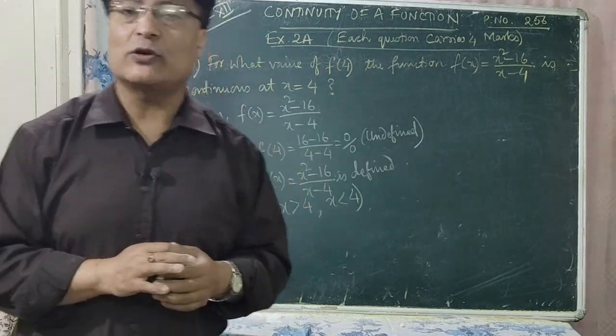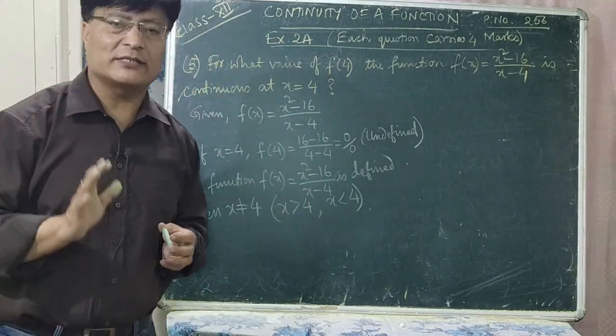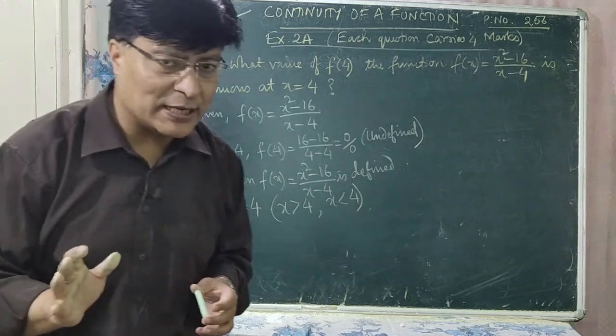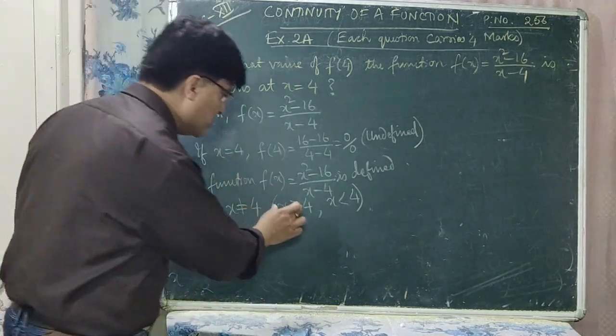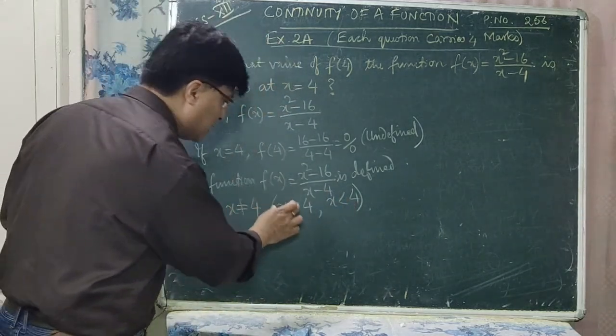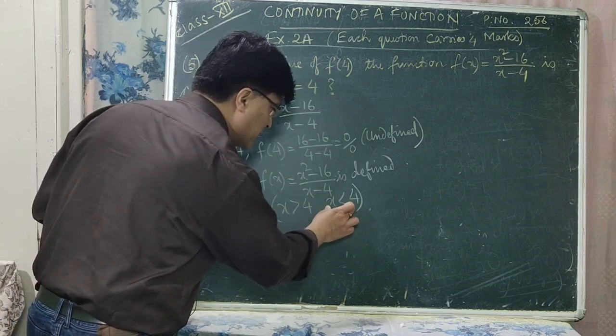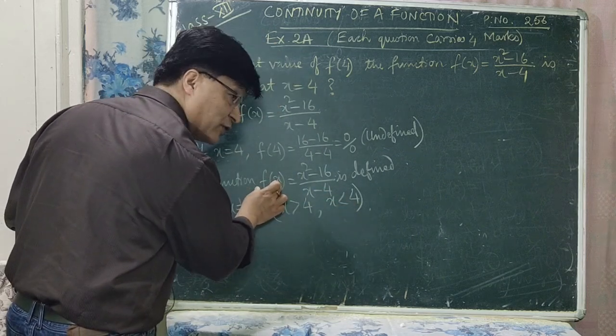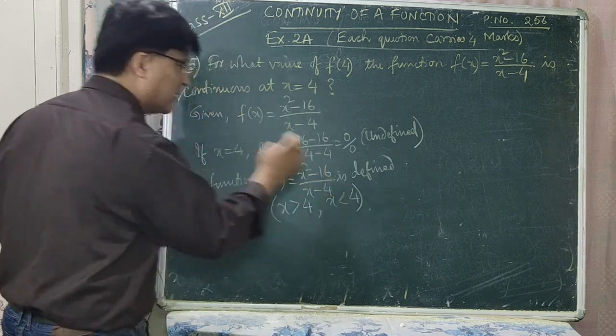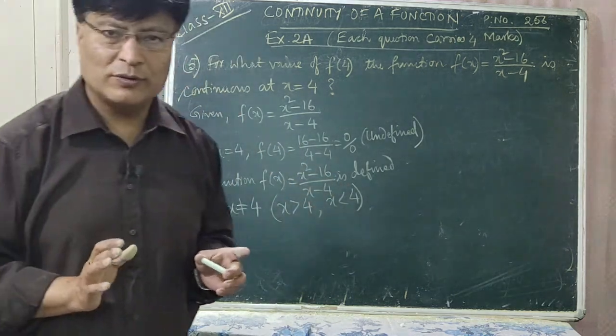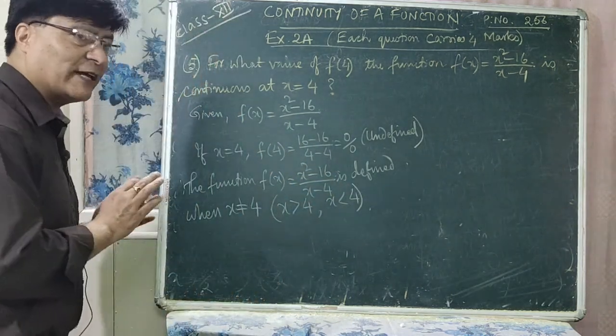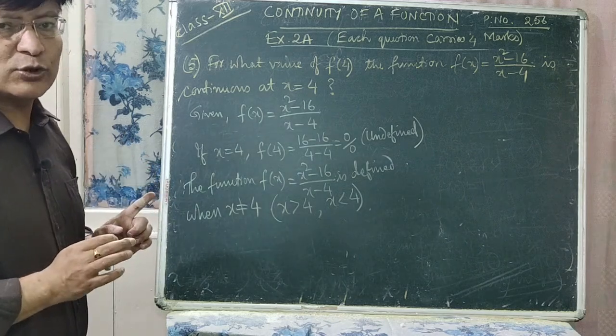So in this case also no need of getting the separate right hand limit and left hand limit, because for both these inequalities, that is for x greater than 4 and for x less than 4, we are using the same function of x, that is x square minus 16 divided by x minus 4. Is that clear? So let us find out only limit x tends to 4.